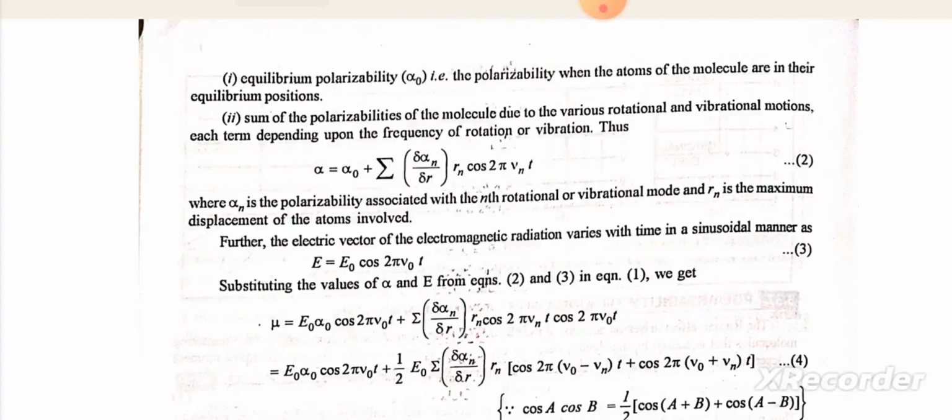Further, the electric vector of electromagnetic radiation varies with time in a sinusoidal manner, as E is equal to E naught cos 2 pi mu naught t.